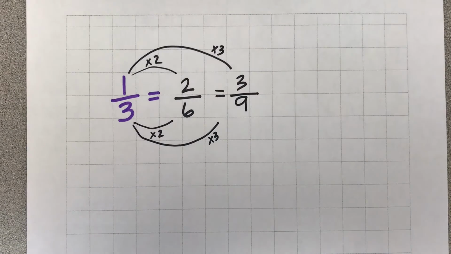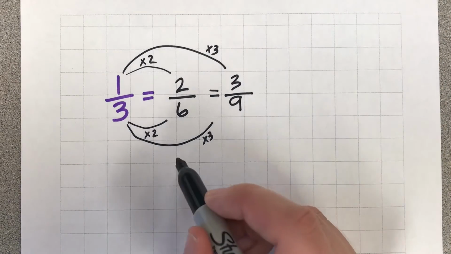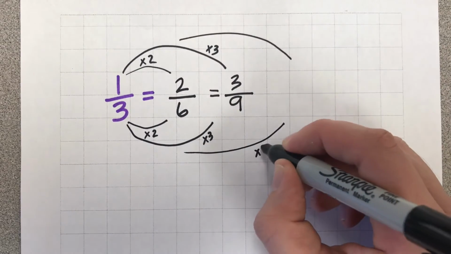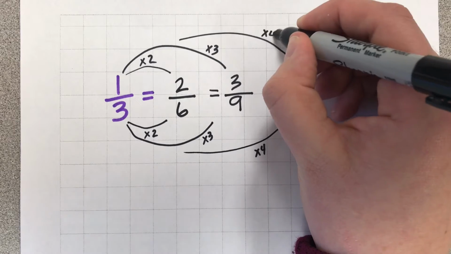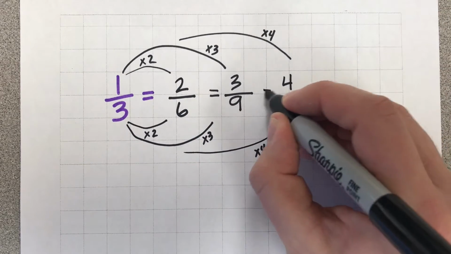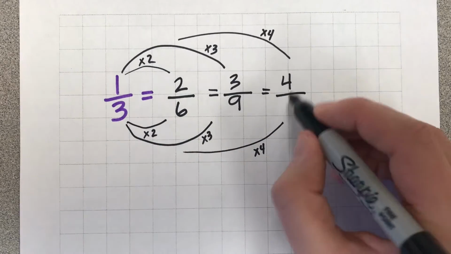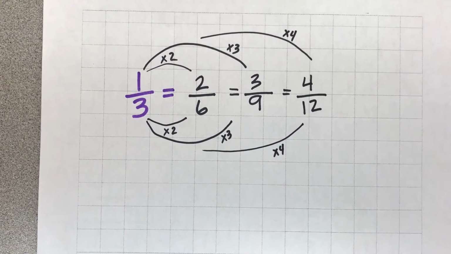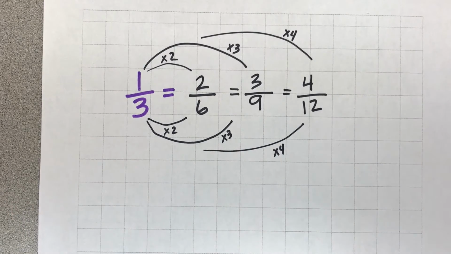So 3/9 is also an equivalent fraction, and you can keep going and going. There are infinite numbers of equivalent fractions. 1 times 4 is 4, and 3 times 4 is 12. So you can see that this is one way that you can find equivalent fractions.